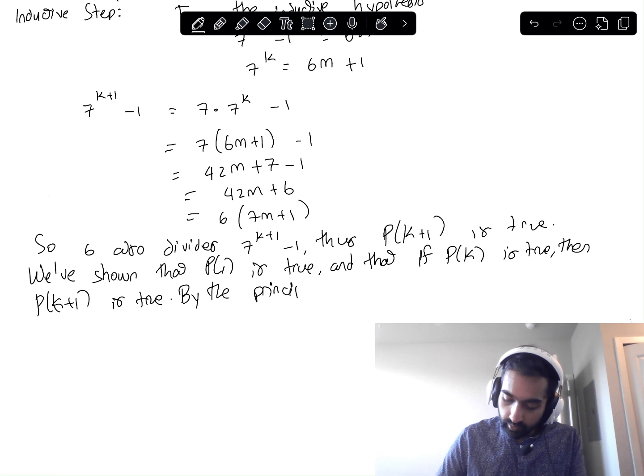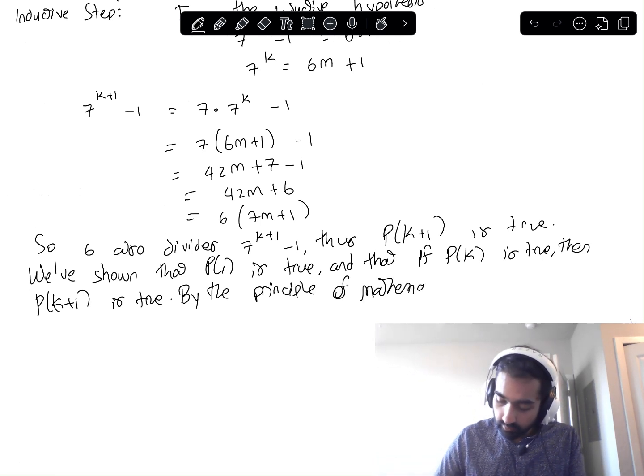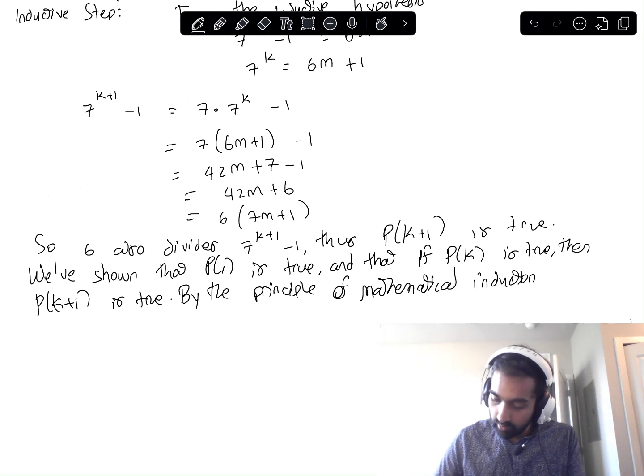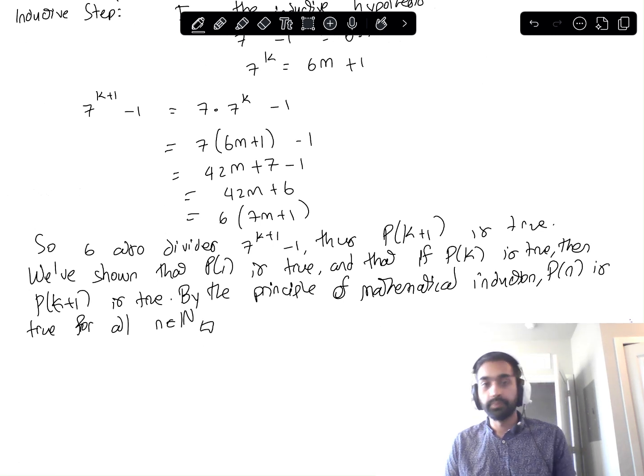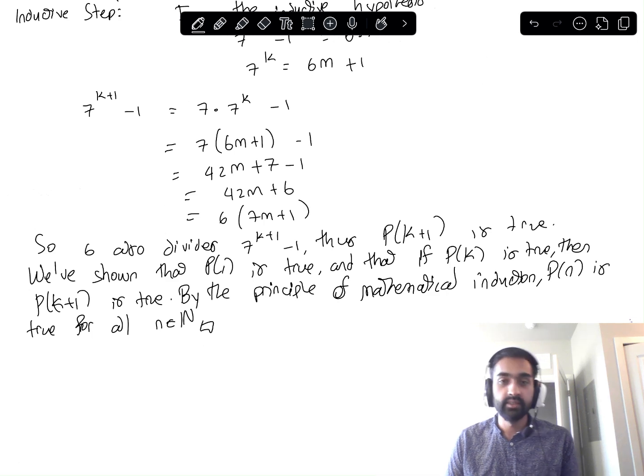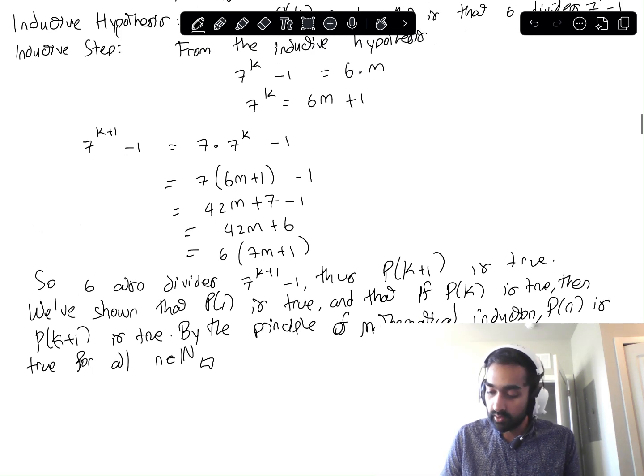Then by the principle of mathematical induction, P of n is true for all n, which is exactly what we wanted to show, for all natural numbers n. You can put a little box here to signify that you're done with your proof.